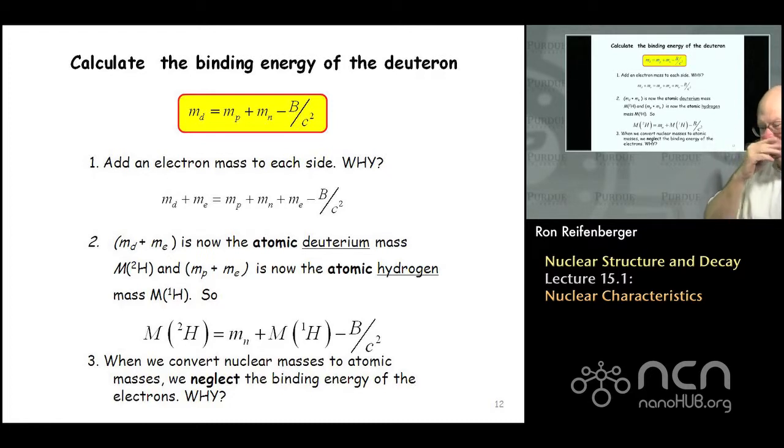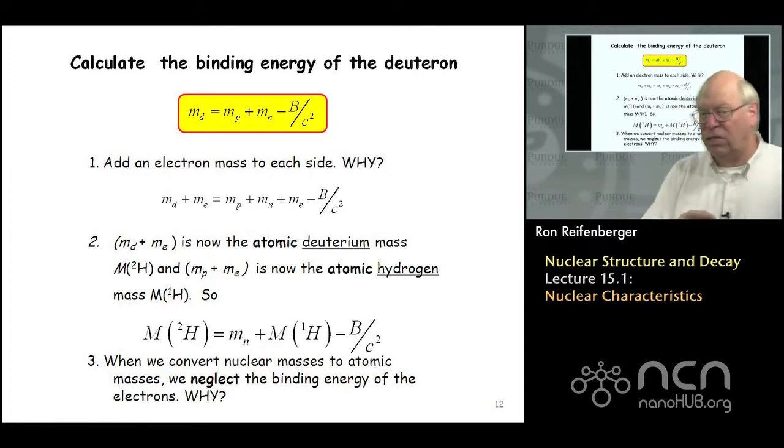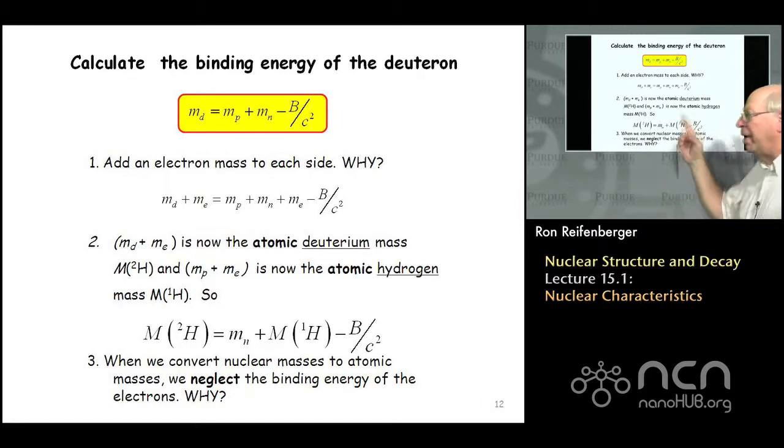So I tend to invent a notation where the atomic deuterium mass is represented by the capital M, and the nuclear mass of the deuteron is represented by the small letter m. By adding an electron to both sides, I convert the nuclear masses to atomic masses. And again, the atomic masses are what you can measure experimentally. So you end up with an equation that looks like this, right?